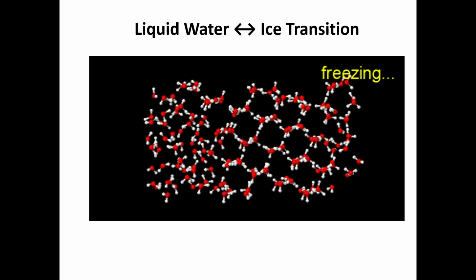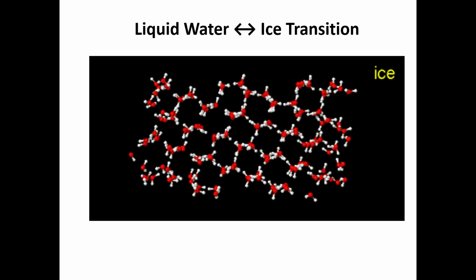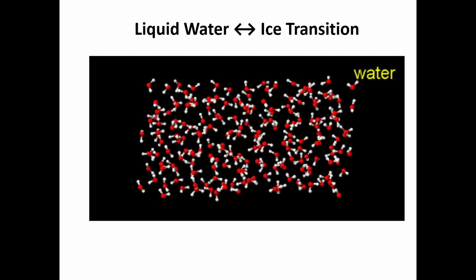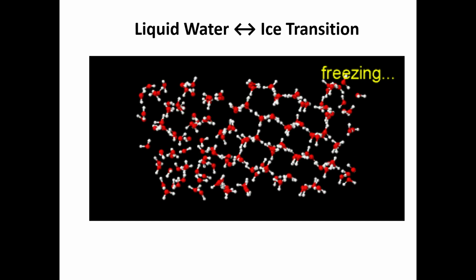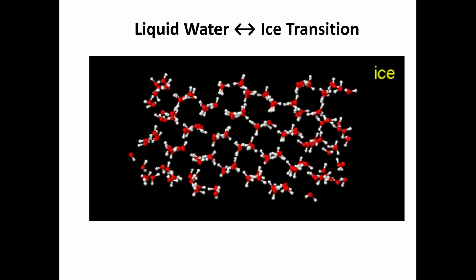Here you have an example of water going from being a liquid, closely compact, to the process of it freezing, becoming a solid. See this nice ordered crystal lattice structure that forms.